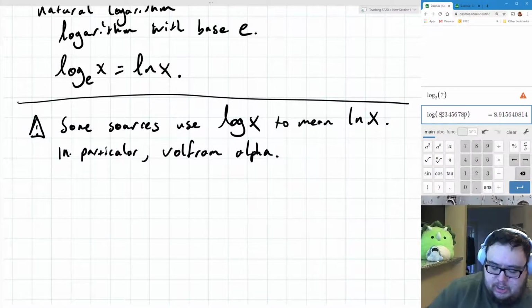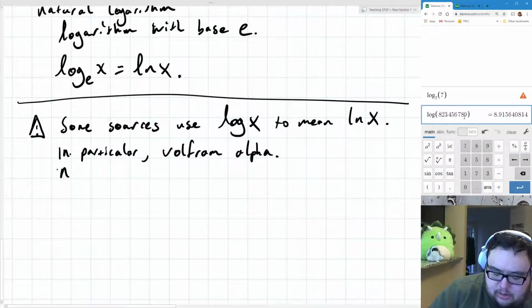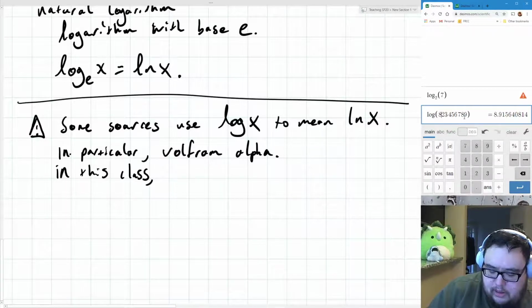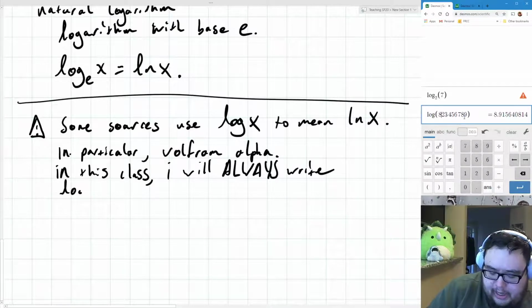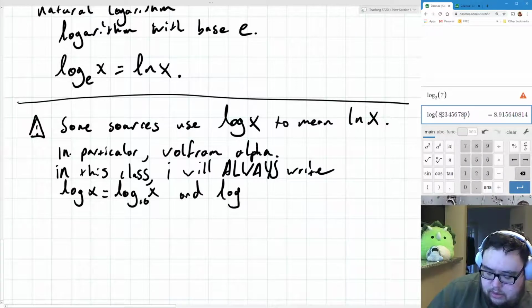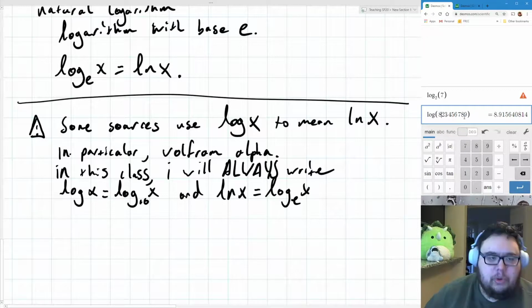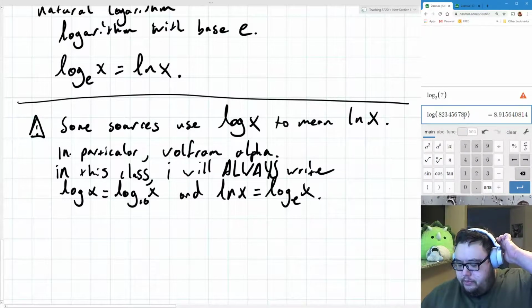In this class, I will always write log x to mean log base 10 of x, and ln of x to mean log base e of x. I will not switch between the two.